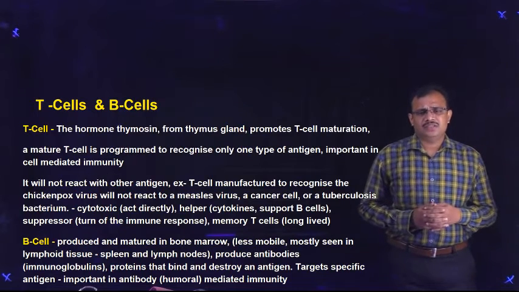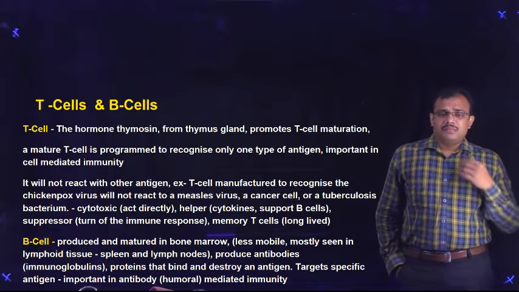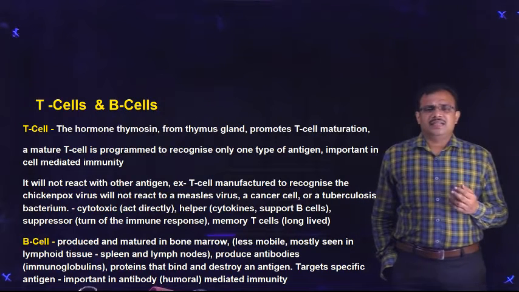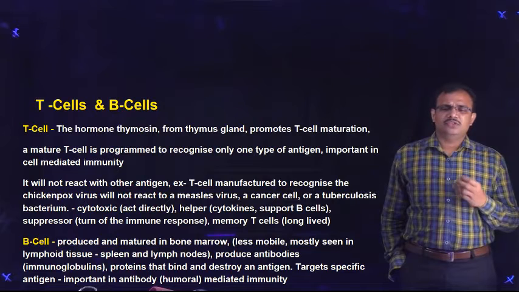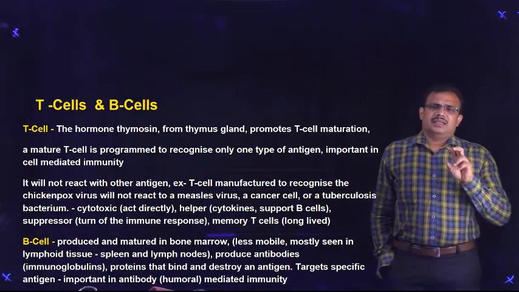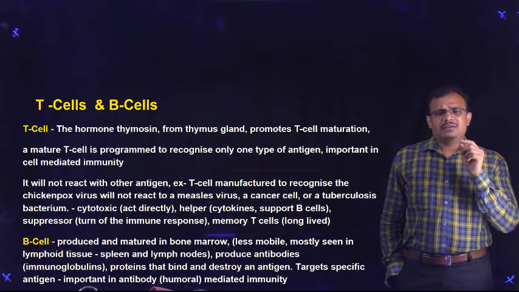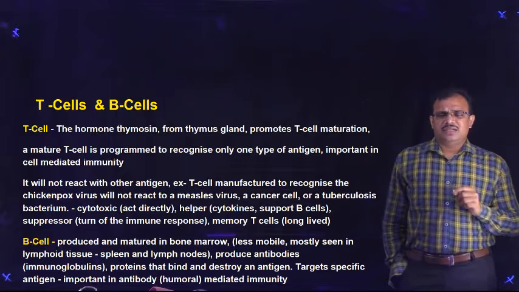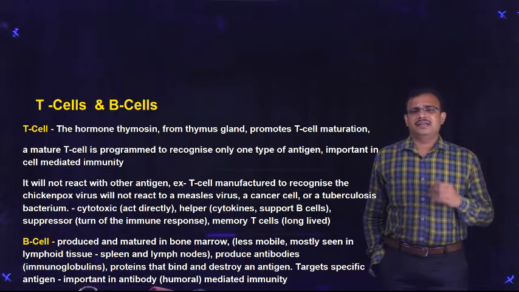The T lymphocytes, which are also called T cells, are matured in the thymus gland, and this is facilitated by the hormone called thymosin. This mature T cell is programmed in such a way that it will detect a particular type of antigen, and this is important for cell mediated immunity.